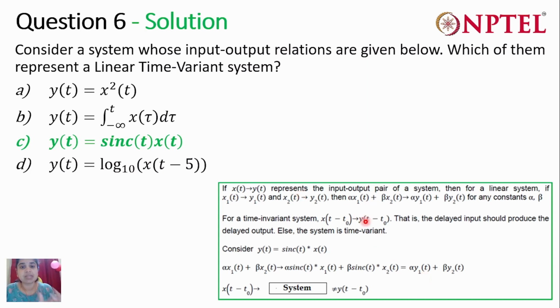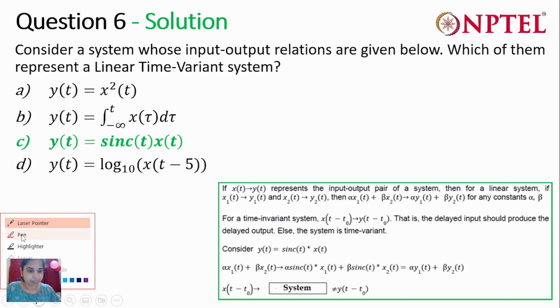When do you say a system is time variant? Or first let's discuss the condition for time invariant systems. When you have an input that is time delayed and given to the system, whatever output it fetches should be the same as the output directly delayed by that amount of time.